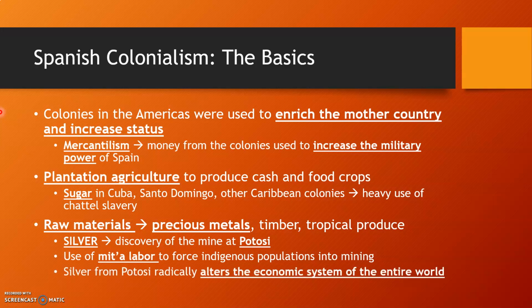Like I said, the silver coming out of Potosi radically altered the economic system of the entire world. When you have too much of a metal or a currency on the market, it makes the value of that metal or currency lower. This is called inflation, and the Spanish didn't really understand it, partially because in 1492 they had basically expelled the entirety of their banking system by forcing Jewish and Muslim populations out of Spain.